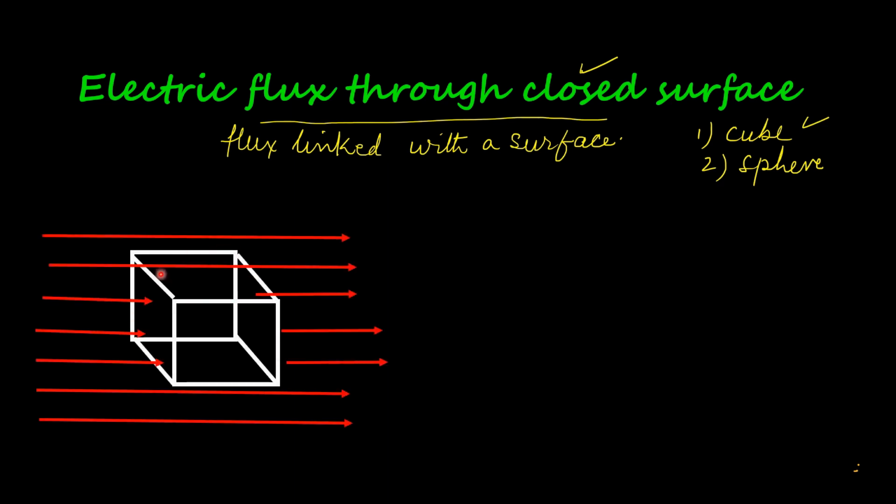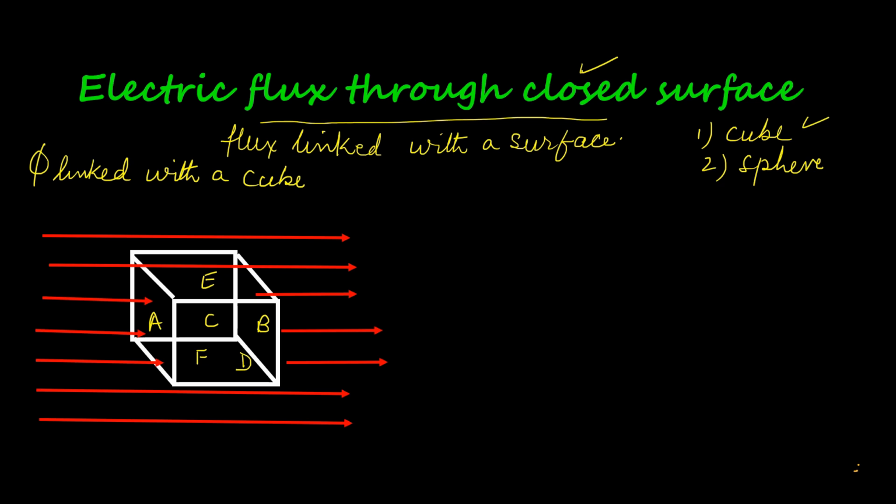A cube has 6 faces. Let us mark them: A, B, C the inner face, D the outer face facing us, E the top face, and F the bottom face. The red lines represent the uniform electric field.